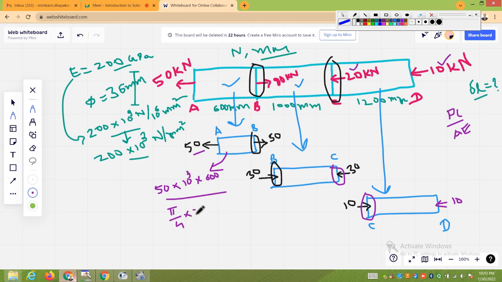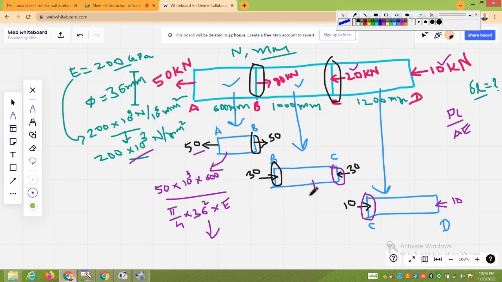So pi by 4 into 36 square into E value. I am not writing the same value again and again. E value you know, 200 into 10 to the power 3 newtons per millimeter square. So in this way you will get the change in length for this section AB. Can anyone calculate and tell me the value?